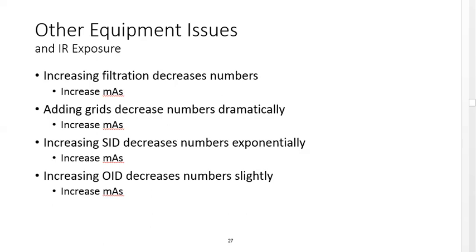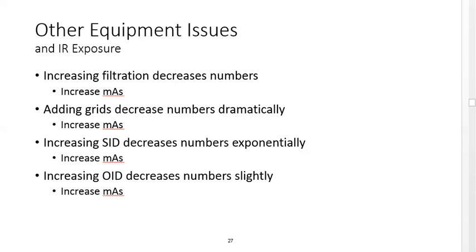So when we increase OID, again, we're talking about the air gap. We've increased OID, so some of the scattered photons that are created in the patient will miss the image receptor. Scatter is a density. It's a density we don't want, but it is still a density. It still goes into that count of photons that strike the image receptor. So if you have no OID and you shoot with perfect density, the exposure to the image receptor is good, but your scatter is bad.